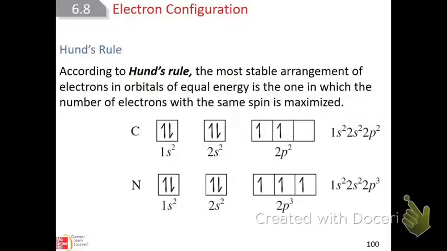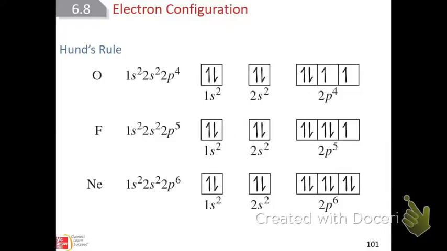Notice with the oxygen that now all 3 of the p orbitals have 1 electron in them, now then it's doubled up.